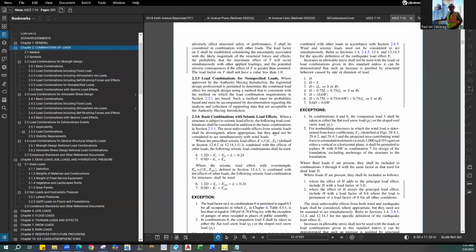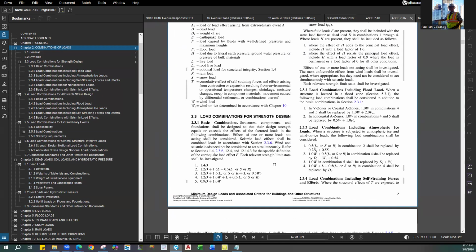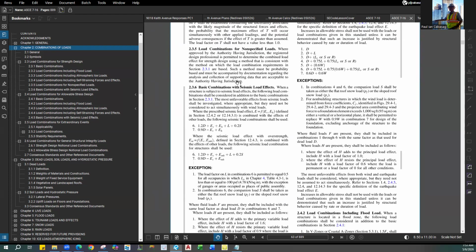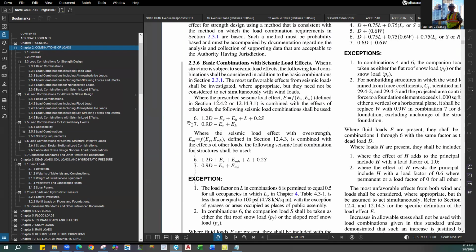But when it comes to designing the lateral system, you also have to look at these other subsections right here. Because in these other sections, you're going to have other load combinations on top of the gravity, for the seismic load especially. If you look at this particular one, 2.36, you're going to see that when you're doing the seismic load, you have the V and H, two different sections of it, right?